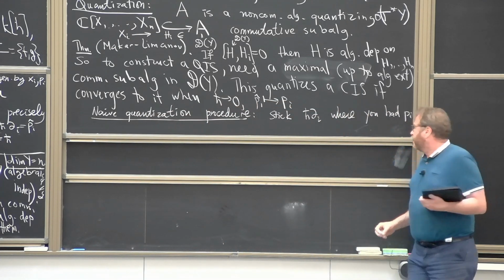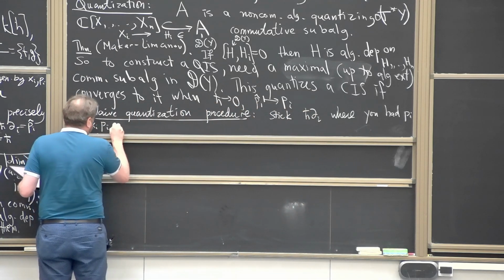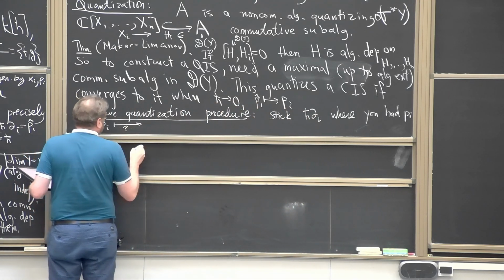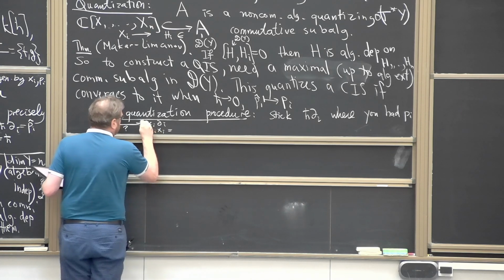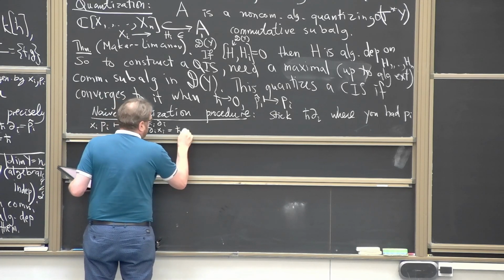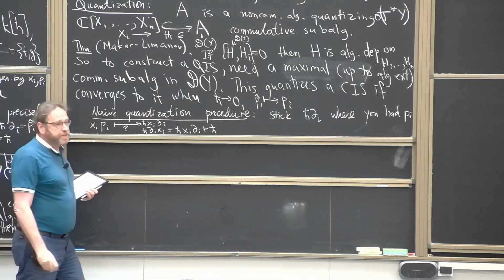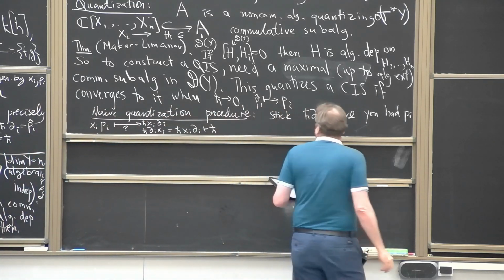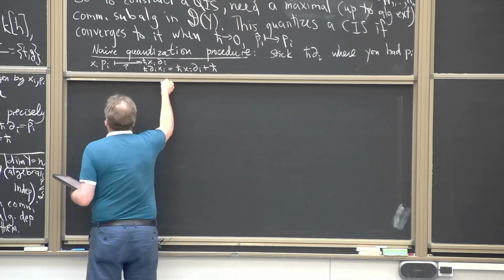If you have something like xi times pi, then there is a question where it should go: to xi times di or to di times xi, which differs from this by h bar. So there is an ordering ambiguity, and that means that in many cases this is going to fail. But it does succeed sometimes.